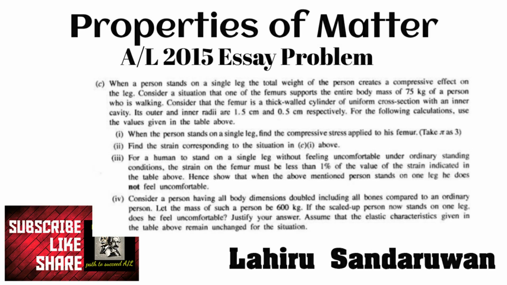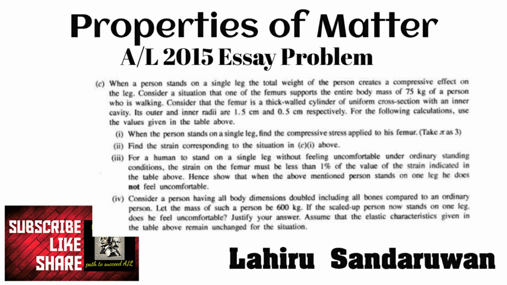Consider a person having all body dimensions doubled, an increase in all bones compared to an ordinary person. Let the mass of such a person be 600 kilograms. If the scaled up person now stands on one leg, does he feel uncomfortable?